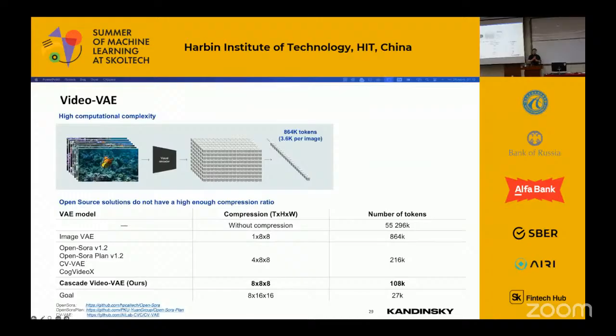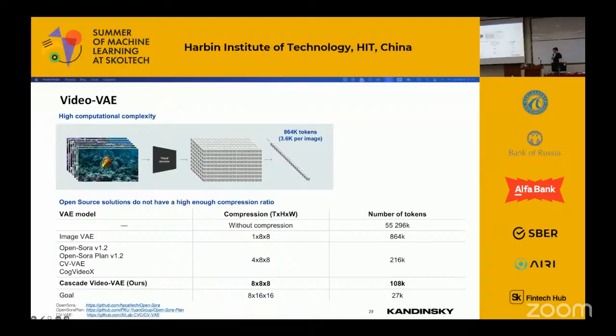Another one is the video VAE. We talked a little bit about VAE, but one more time. If we use the image VAE here, it does not compress in time, it compresses 8x8 on height and width, doesn't matter actually.